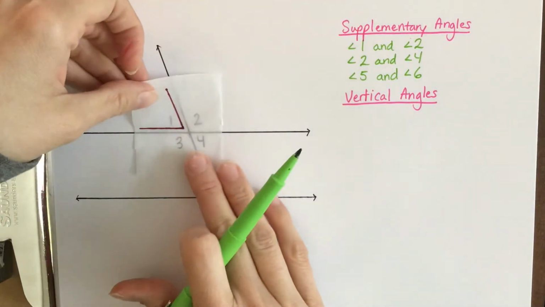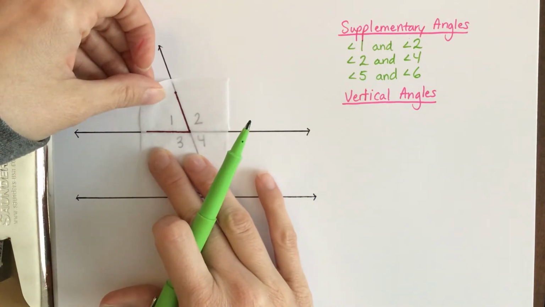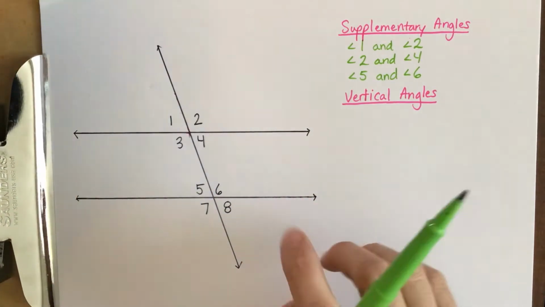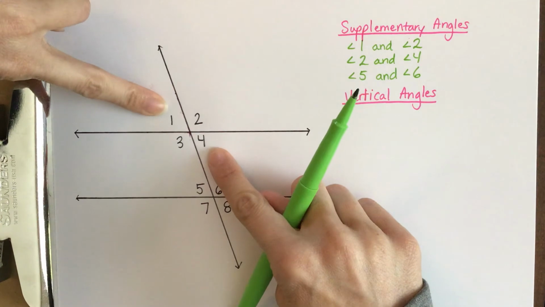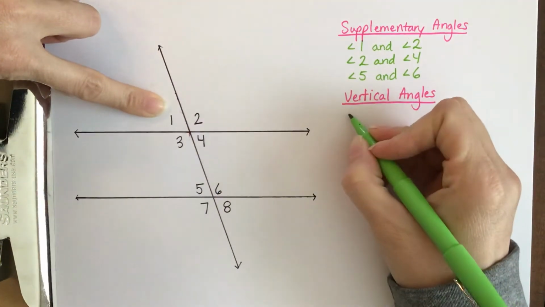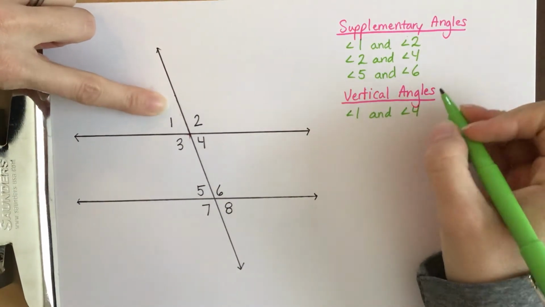Okay, so I have this angle that I've created on tissue paper, and we can see that angle 1 and angle 4 are vertical angles. So these two angles that are opposite of each other are considered vertical angles.